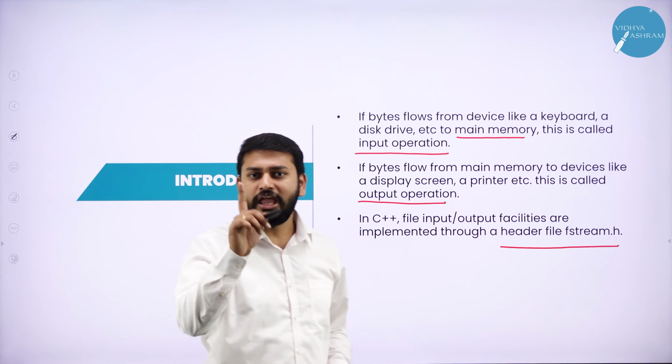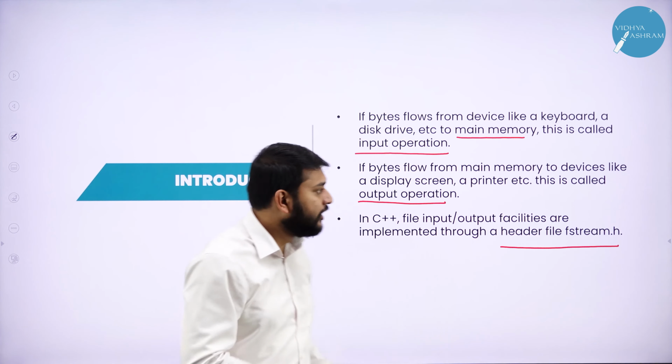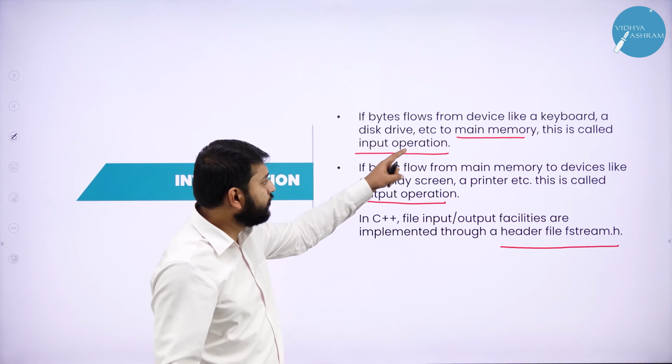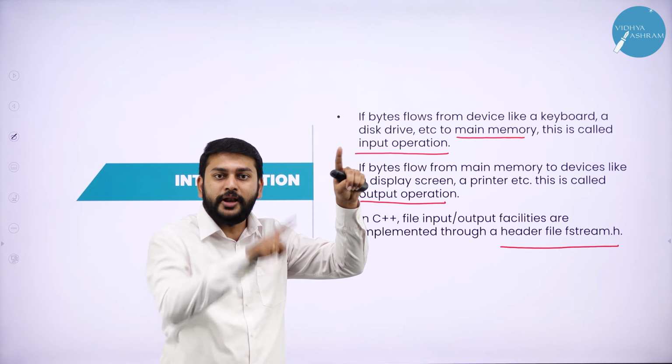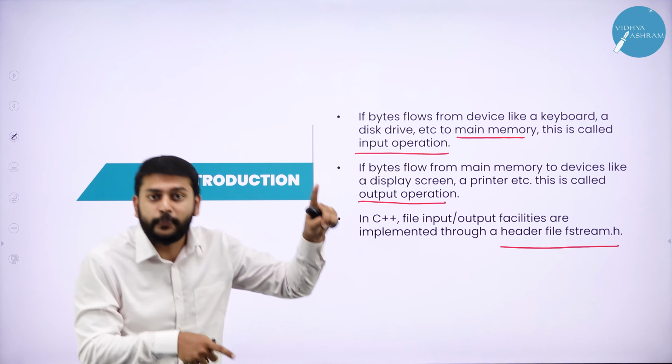The first one is input stream. What is input stream? If the bytes of data are moving from keyboard to main memory, that is input stream. If you reverse it, what will happen? Memory to an output device like a monitor or any other output device.